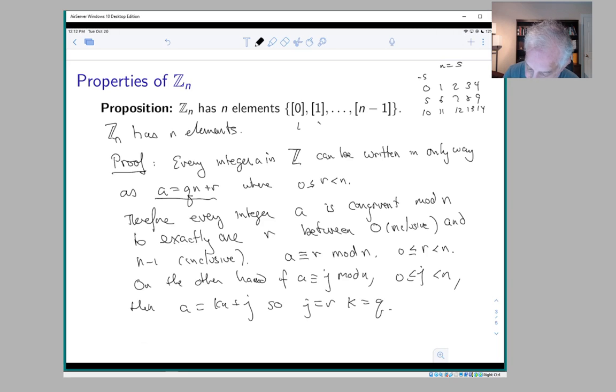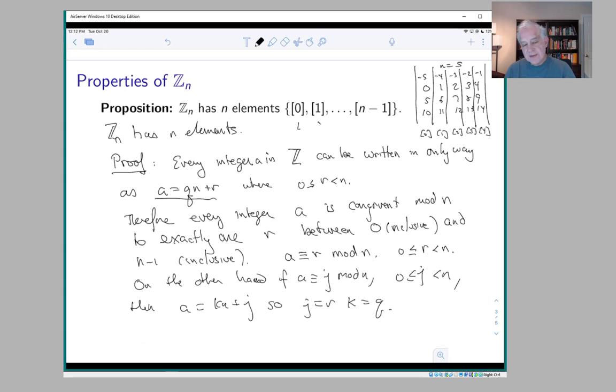You'd have minus 5, minus 4, minus 3, minus 2, minus 1, and so on. And then you see that by looking in the columns, you've got the integers partitioned into these 5 classes. This would be the class of 0, 1, 2, 3, and 4.